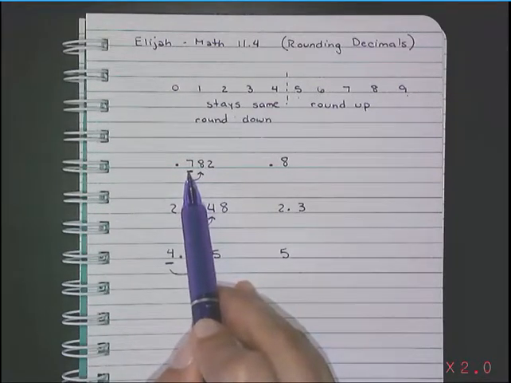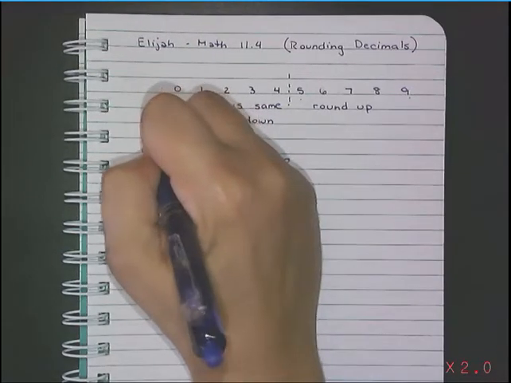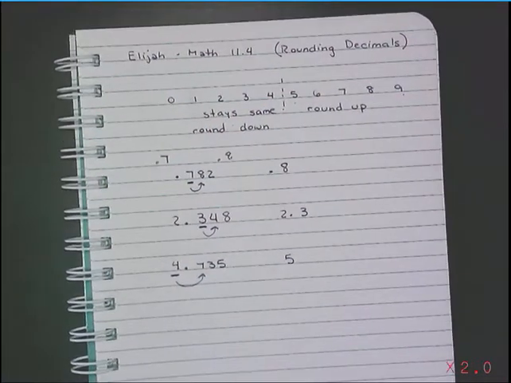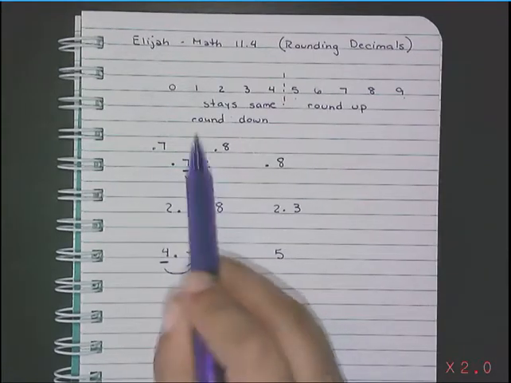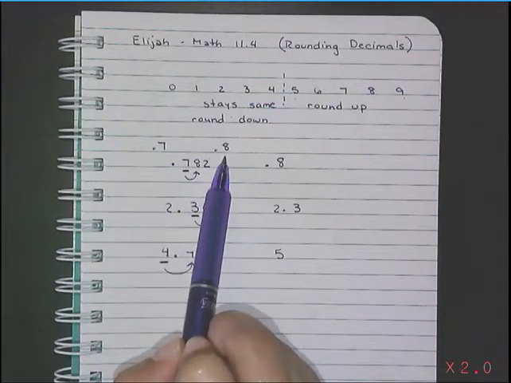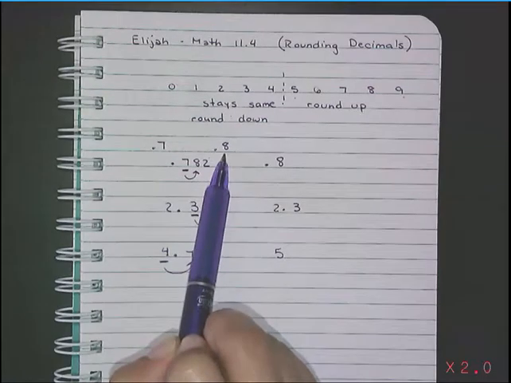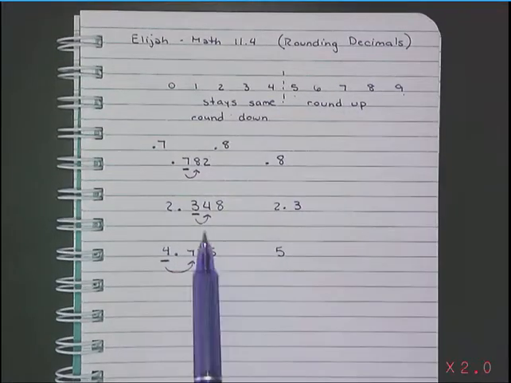So let me jump back to this one. If we take a look at 0.782, this number falls between 0.7 and 0.8. We're trying to determine, is this number closer to 0.7 or 0.8 if we were to put it on a number line? And it's closer to 0.8 because this is an 8, because it falls on the top end of that scale.